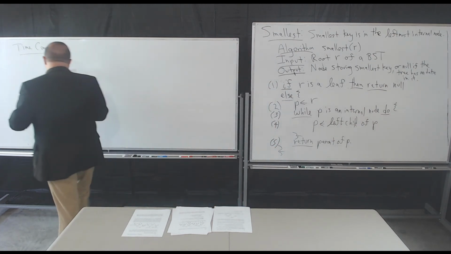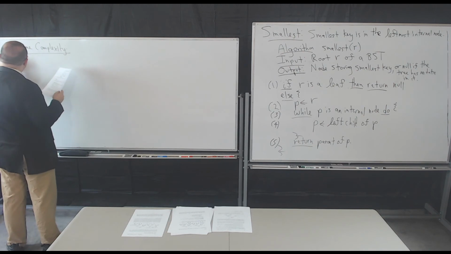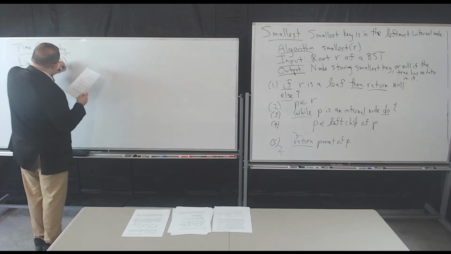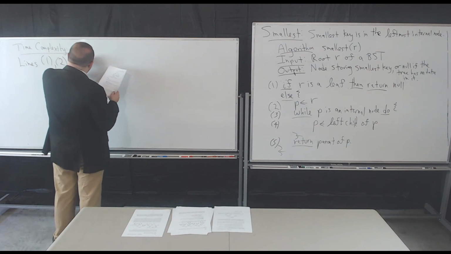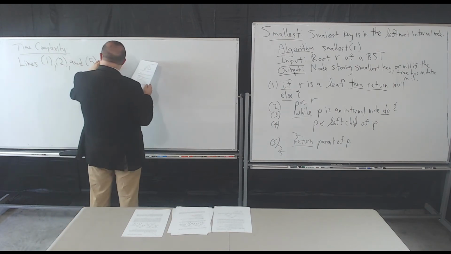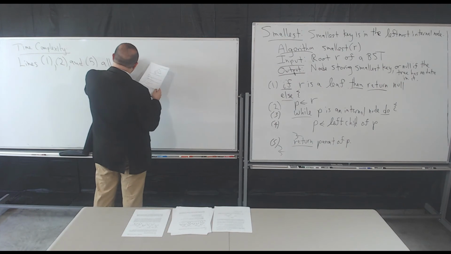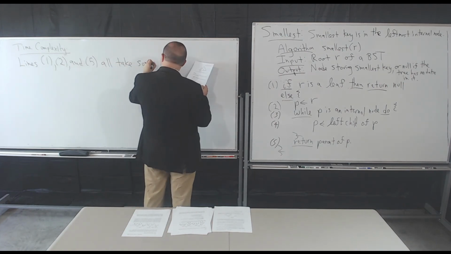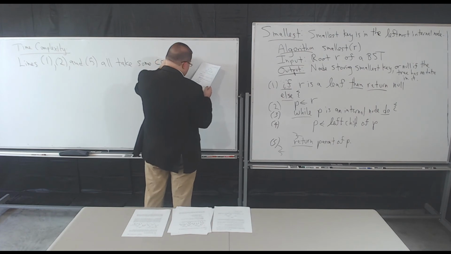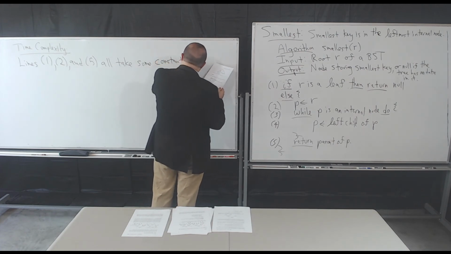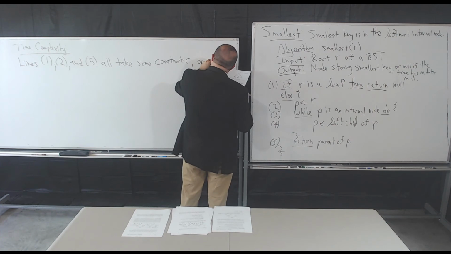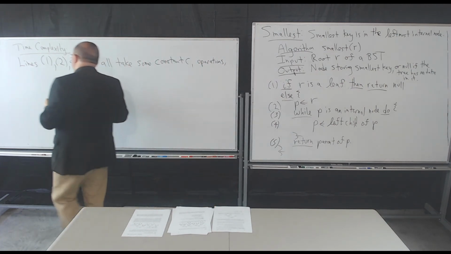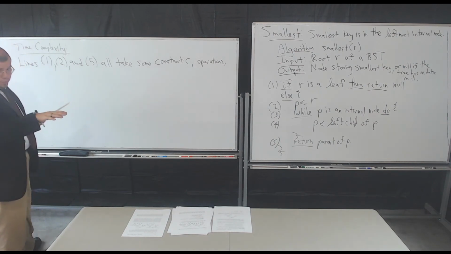Which ones are the ones that take constant time? The lines 1, 2, and 5 all take some constant C1 operations. How long does line 4 take on its own?